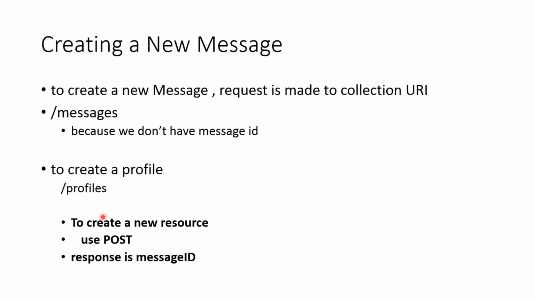So to create a new message, a request is made to the collection URI, that is /messages. To create a new resource, use a post. The response is the message ID. So post means if you want to create a new record, then the HTTP method that should be used is post.